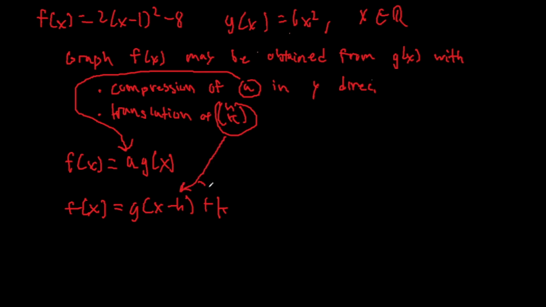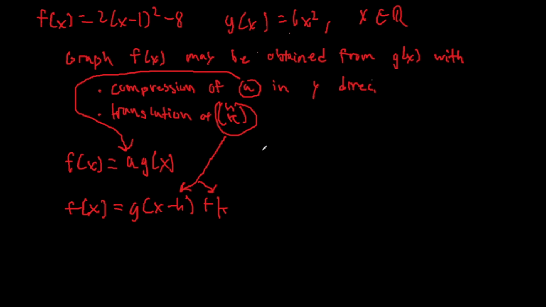So for the h, you always do minus, unless it's a negative number, then it's negative times negative, it's plus. But for the k, it's whatever the value is. If it's negative 5, you do minus 5. If it's plus 5, you do plus 5.